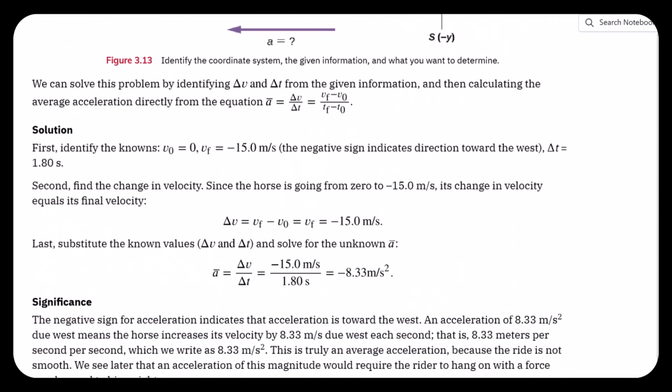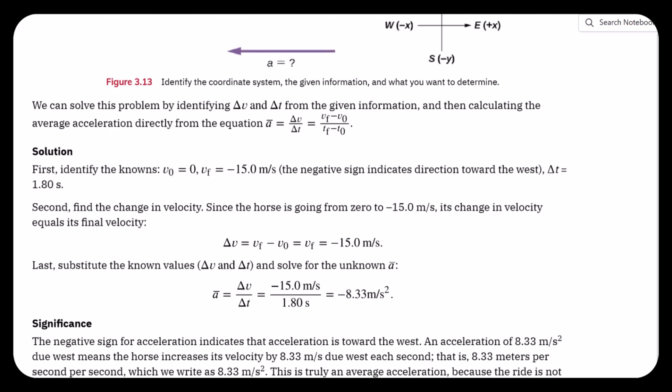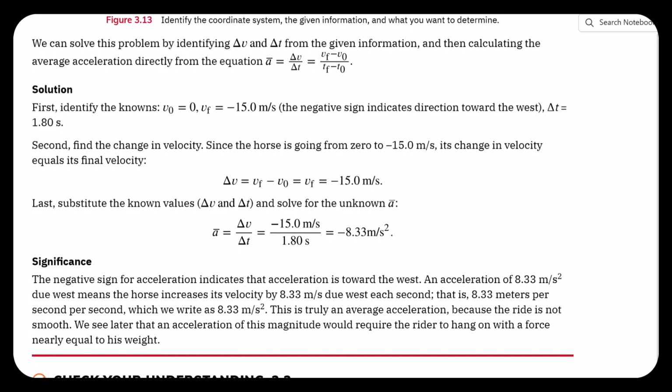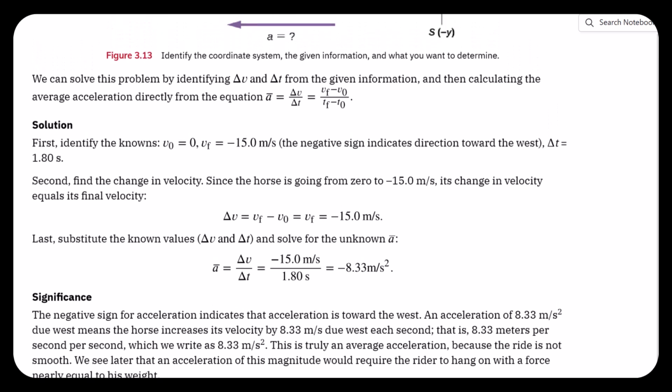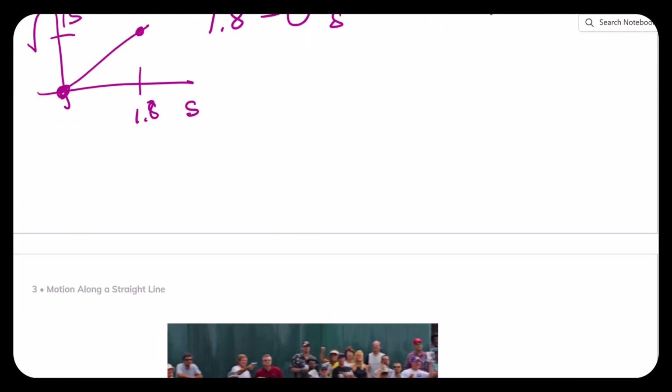Well, that was a lot of discussion for this. Why is it trying to say that the average acceleration is negative? Well, I wouldn't have bothered calling it negative, but sure, the direction is toward the west. I think it's just being kind of a toot.